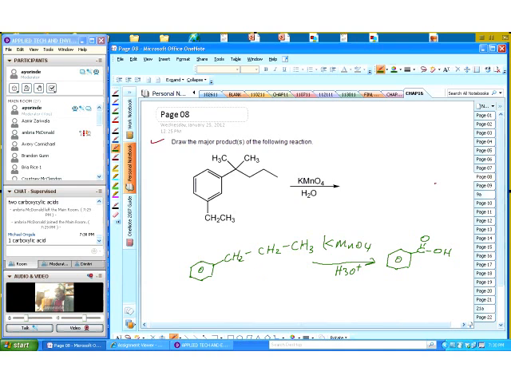That is provided there is a hydrogen attached to this carbon here.